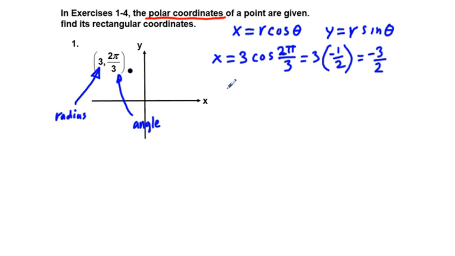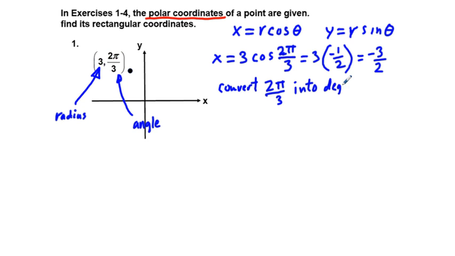And if you happen not to know, as I do, what the equivalent is for 2 pi over 3, you can convert the angle of 2 pi over 3 into degrees. It just might make your life easier.